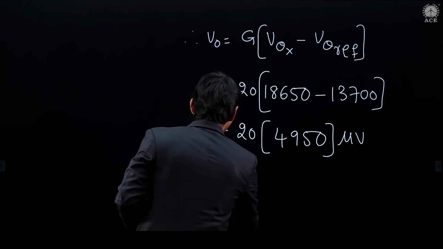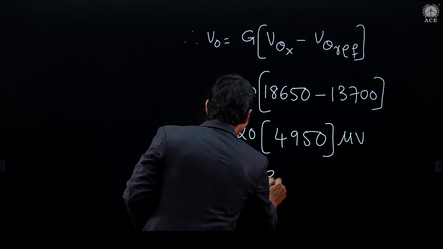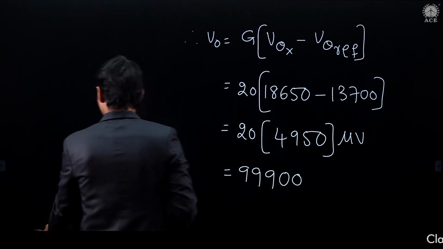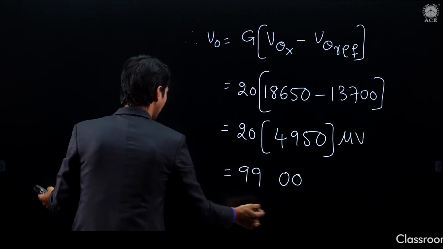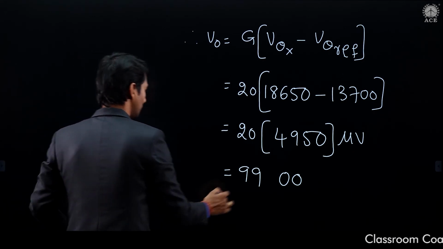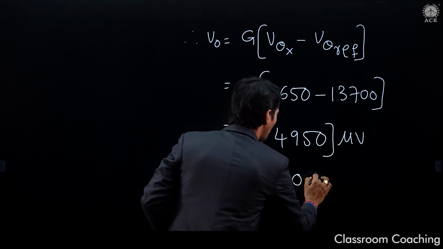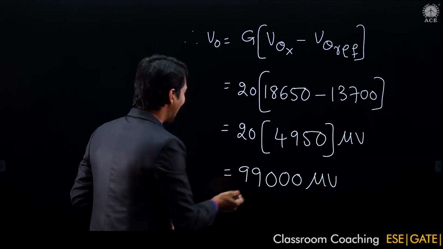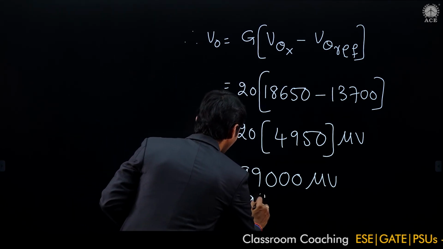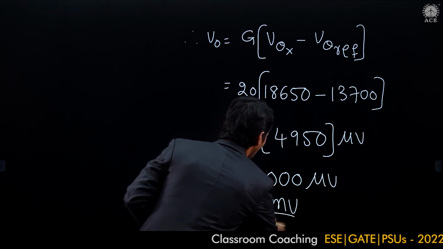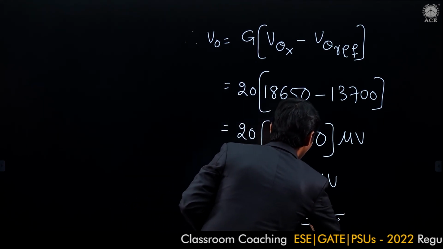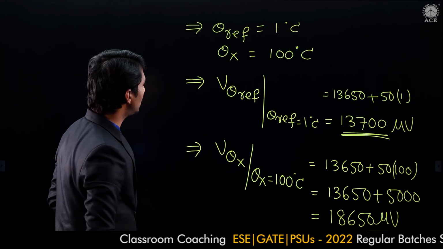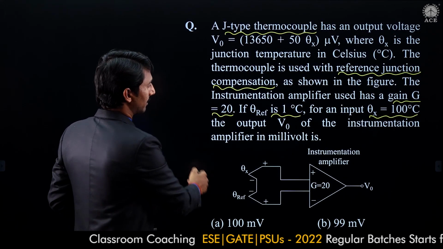If you simplify this, you will be getting 99,000. The answer is 99,000 microvolt, or we can also write simply 99 millivolt.